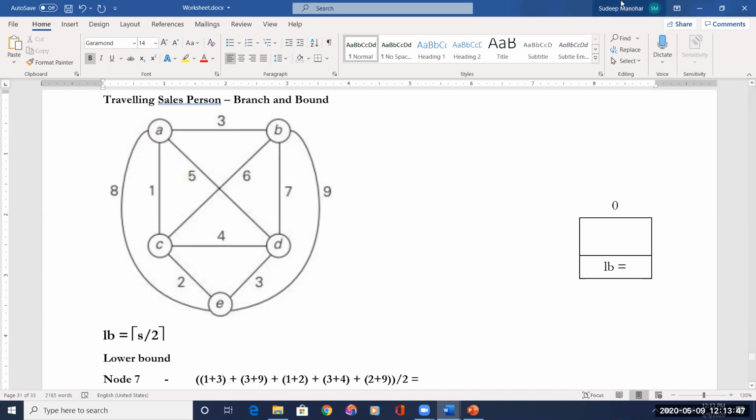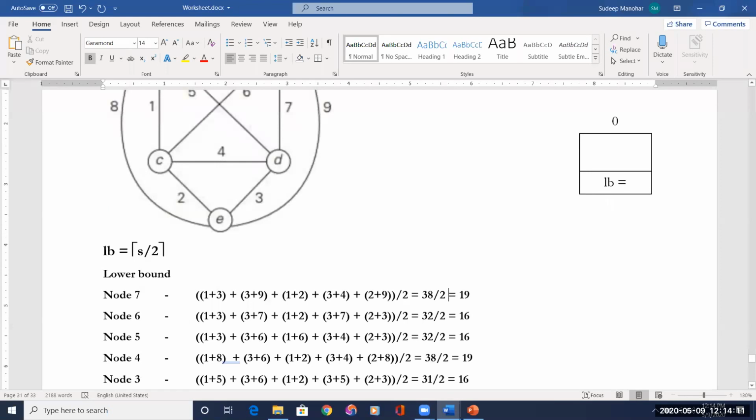Divided by 2. 4 plus 13, 17, 20, 27, 38. 38 by 2 equal to 19. So node number 7, the value is 19.